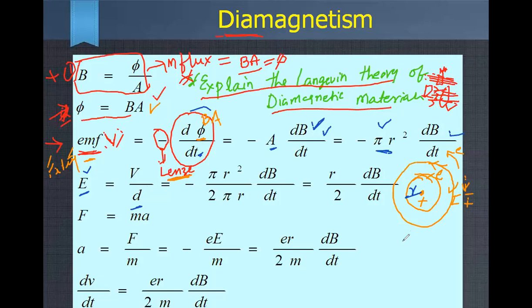One is positive, the other negative. If you place them at distance d, V is the potential difference. So electric field, if you want to calculate, is V by d, which is equal to potential difference by d.